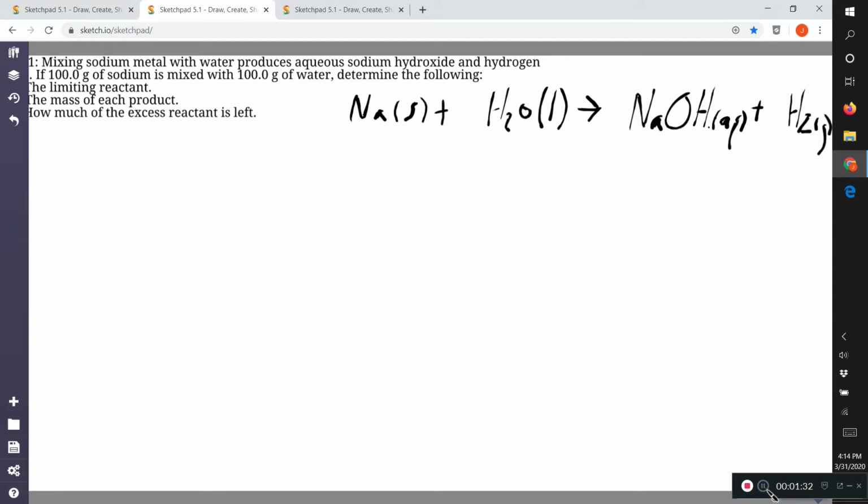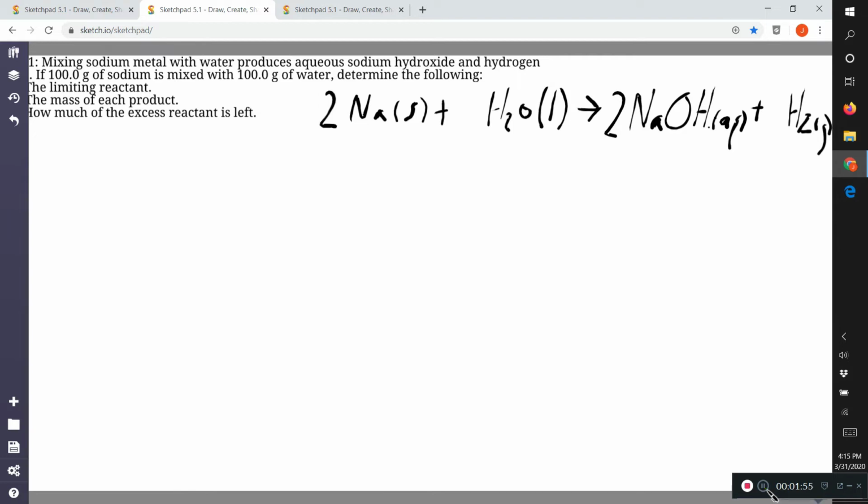So let's balance that out. I have 1 sodium, 1 sodium. I have 2 hydrogen, but I have 1 hydrogen here and 2 hydrogen there. So I need to double this because the left side can only have an even amount of hydrogens. So I need to double the sodium hydroxide, meaning I have now 2 sodiums. So I need 2 sodiums on the left.